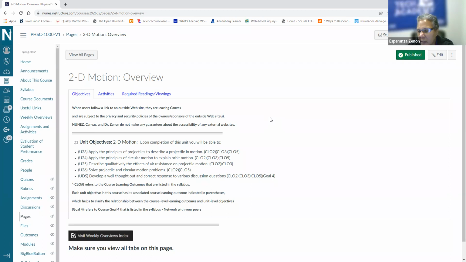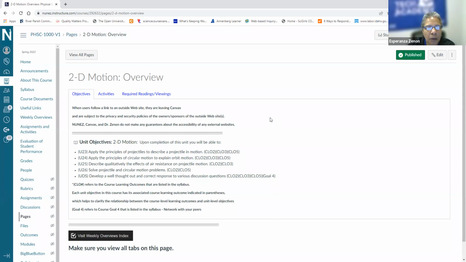And prior to that, we looked at 1D motion, where we focused on some of the basic principles that we'll need to describe quantitatively our moving objects. So we're taking a step forward, adding to the types of motion that we can describe this week by moving from 1D motion to 2D motion.